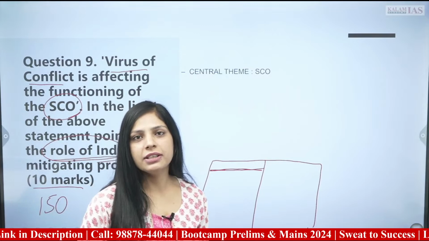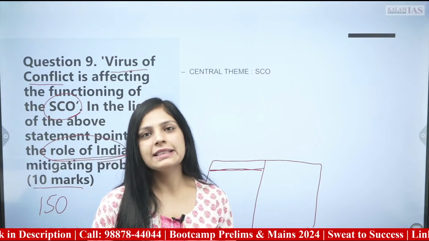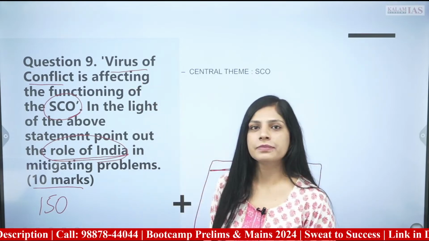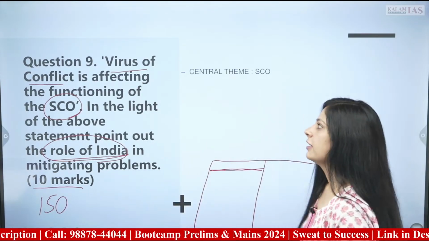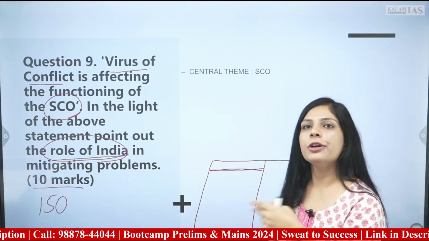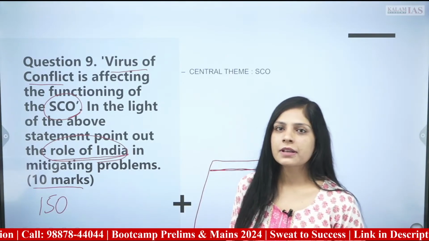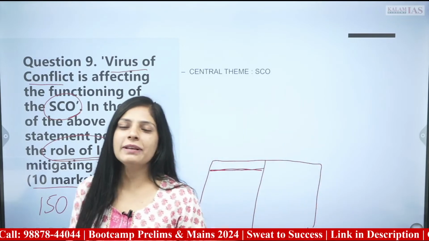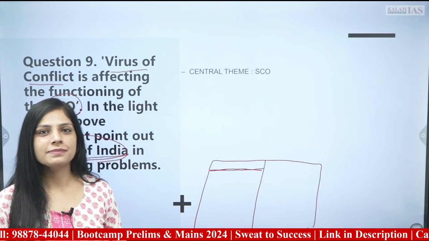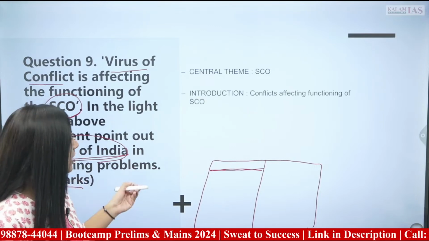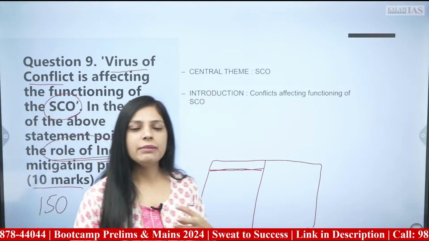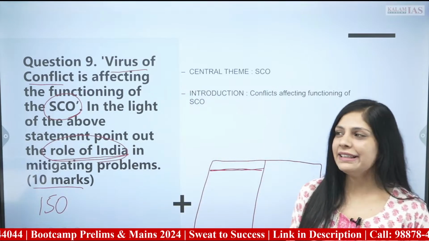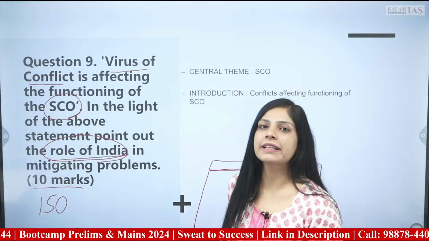Generally in the introduction, we have to address the central theme, but we have a statement here, right? So this has to become a part of the introduction. So how can you introduce this statement? What will you write in the introduction? In the introduction part, we can mention a few data about SCO and then start mentioning a few conflicts.